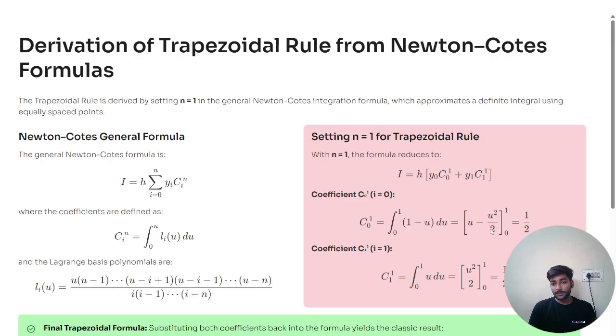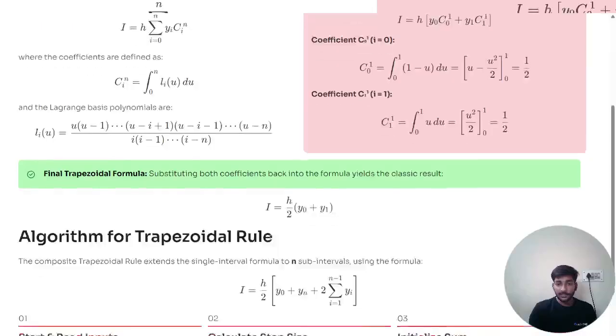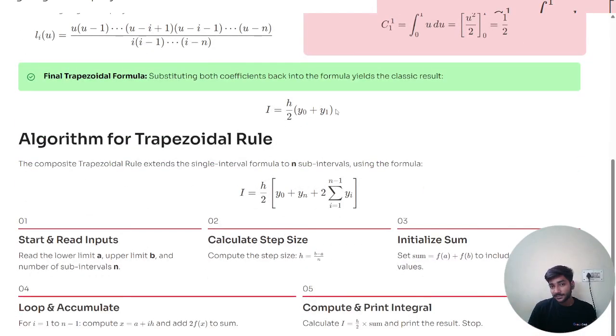Then we put in the limits, and we get half as the answer. Then we calculate c_1^1, again applying this formula, and we perform the integration, apply the limits, and we get half. After getting the c_0^1 and c_1^1 values, we put them into this, and then we get I is equal to h by 2 into y0 plus y1.